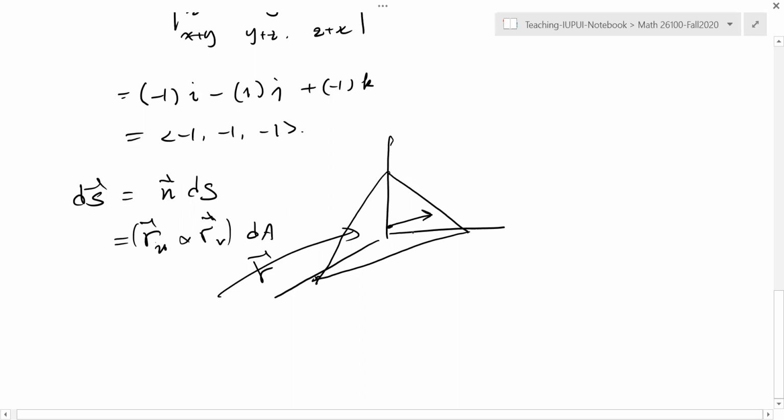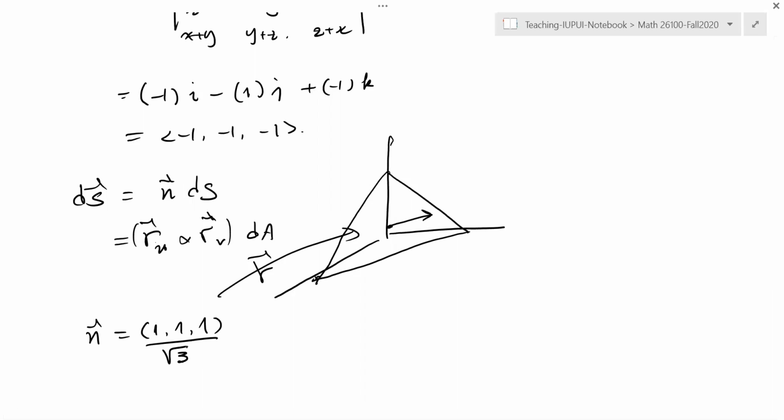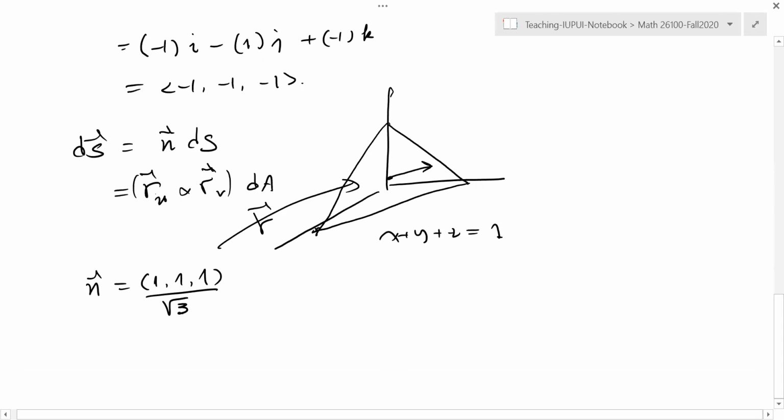Because the normal vector clearly is going to be (1, 1, 1) divided by square root of 3. This is the normal vector to the plane. The equation for this surface is x plus y plus z equals 1, so you can write down the normal vector immediately.